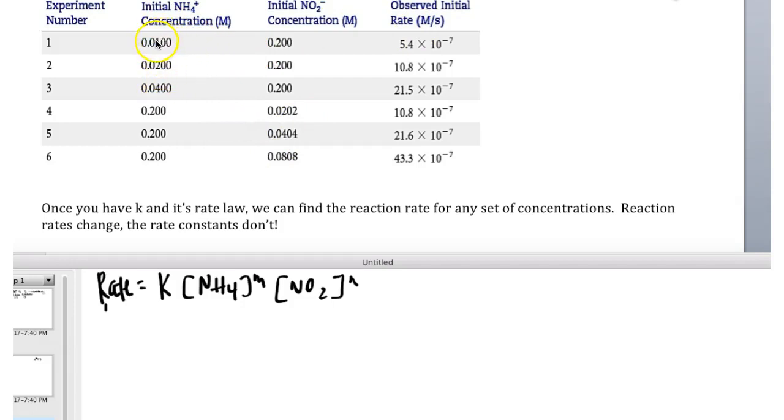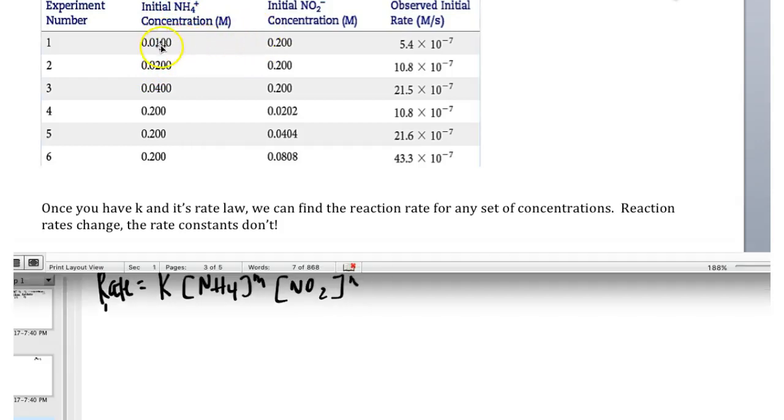Here it goes from 0.01 to 0.02. We're doubling NH4. We're looking at experiment 1 and 2, comparing those two. Because we're comparing these two, we need to make sure that this right here remains constant, because it's a controlled experiment. So from 1 to 2 it doubles, and from here to here it doubles as well.